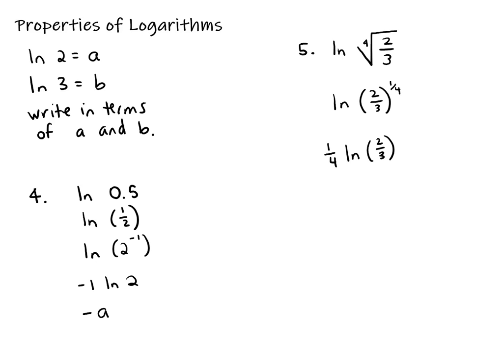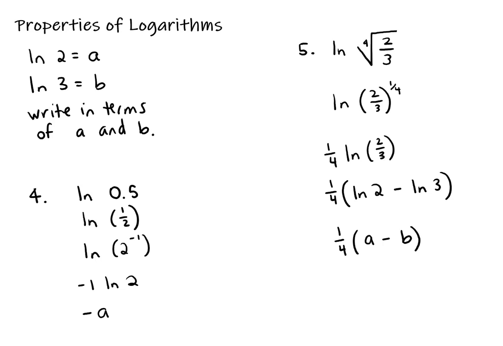And I want to rewrite that as 1/4 times ln of 2 minus ln of 3, because division inside my logarithm turns into subtraction outside the logarithm. And then I'm just going to replace the ln of 2 with a and the ln of 3 with b. And so here we go.